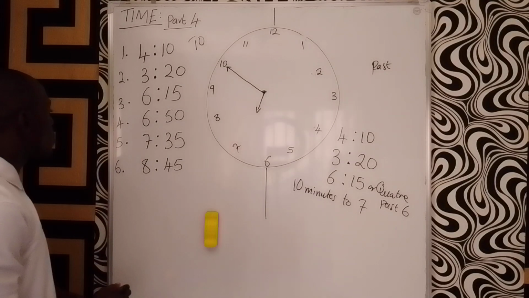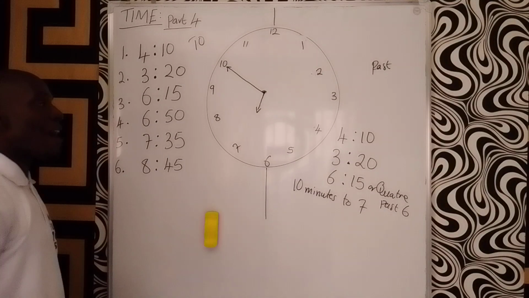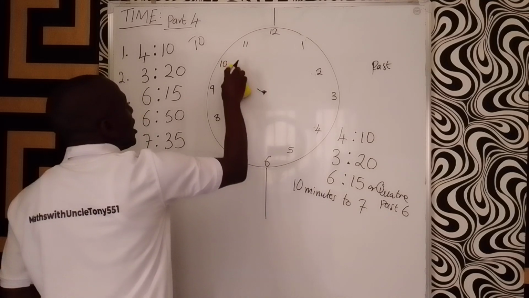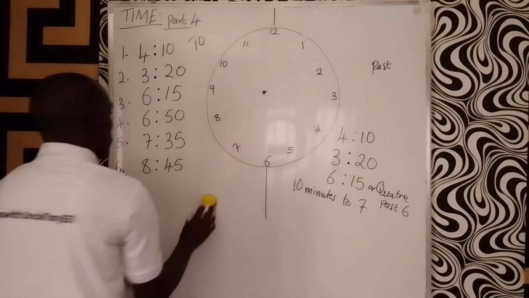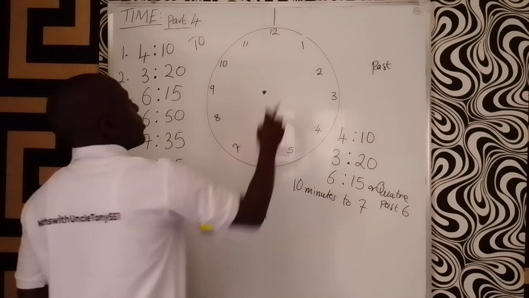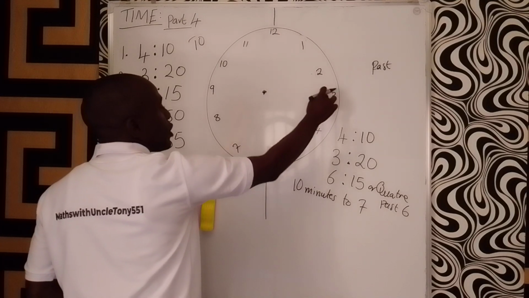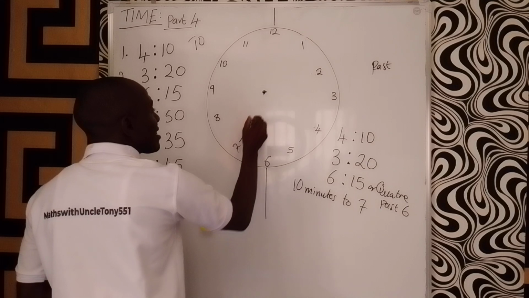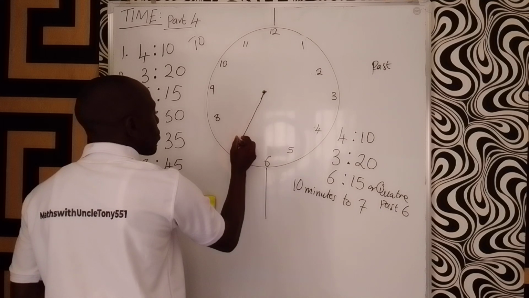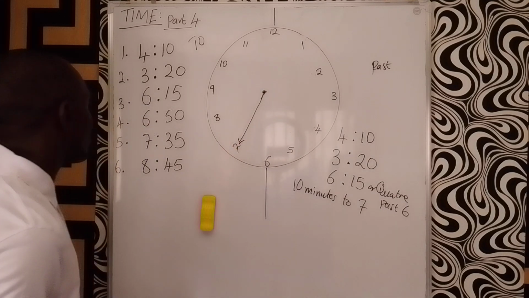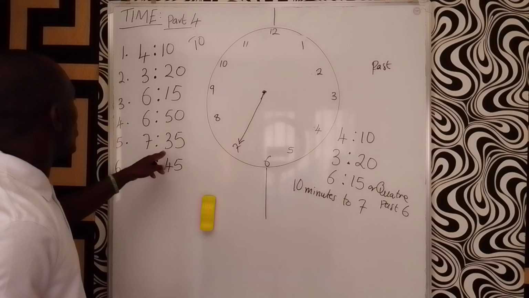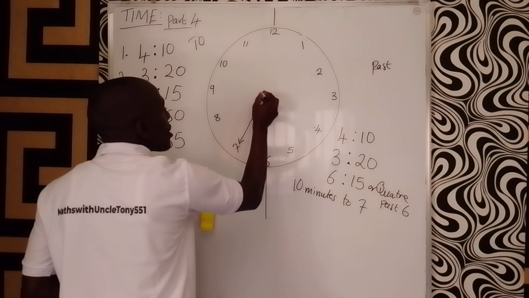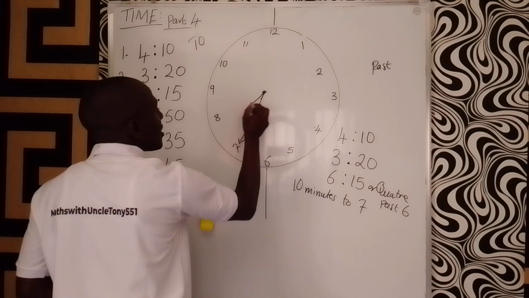The next one we are going to look at is 7:35. Now in 7:35, we count: 5, 10, 15, 20, 25, 30, 35. This is 35. The long hand, which is the minute hand, is pointing at 7, while the short hand is also pointing close to 8.